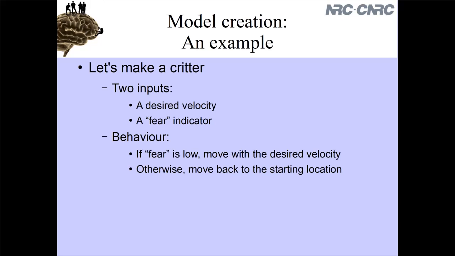Okay, so here's the brain that we're going to try to build. It's a little critter that has one sensory input that tells it what direction the food is in and how far away it is. So this is the direction that you should be going in if you want to go get the food. And then it has another sensor that says how scared you should be right now.